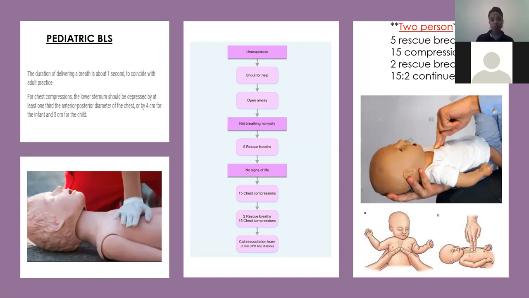So first of all, you place them on a flat surface, okay? You are certain that they are unresponsive by shaking them and tapping them on the shoulder. You don't want to do a sternal rub on a child because you don't want to damage their fragile muscles, but you want to check the responsiveness.